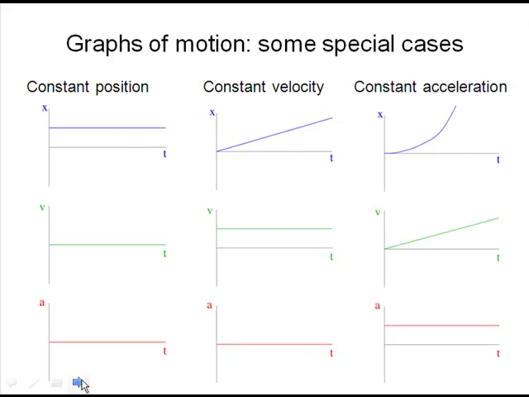And if I have a constant acceleration, that means the velocity will be increasing or decreasing linearly. It'll be a straight line. And the position will be a curve, some kind of a parabola. And the initial slope will depend on the initial velocity. And whether it's sloping or curving up or down will depend on whether the acceleration is positive or negative.